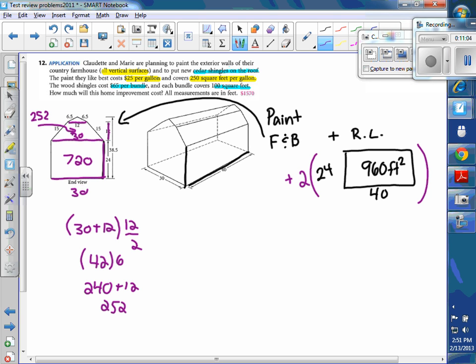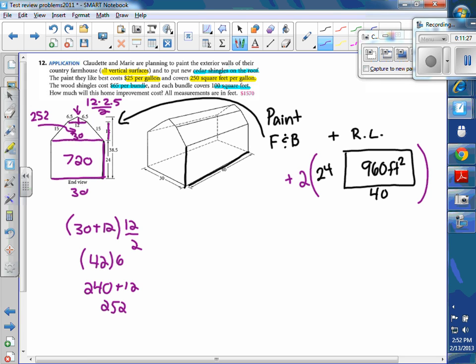So we've got this little guy here. The base is 12 and the height is 2.5. So 12 times 2.5 divided by 2 is 15, but there are 2 of them.